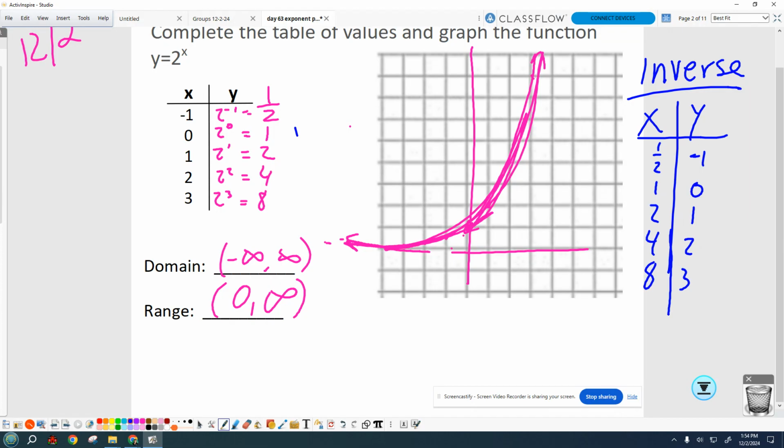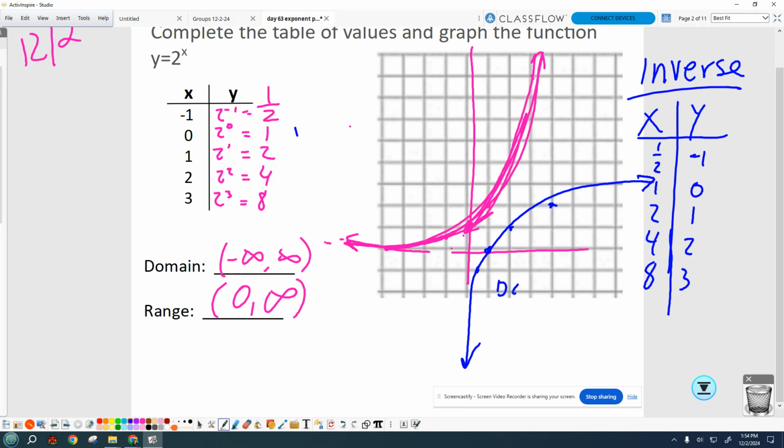Well, how do I graph the coordinate 1/2, -1? So is that, yeah, fourth quadrant? So going to x equals +1/2, go down to -1, then plotting the coordinate 1, 0, and then the coordinate 2, 1, and then 4, 2, and then 8, 3. Here's my inverse.